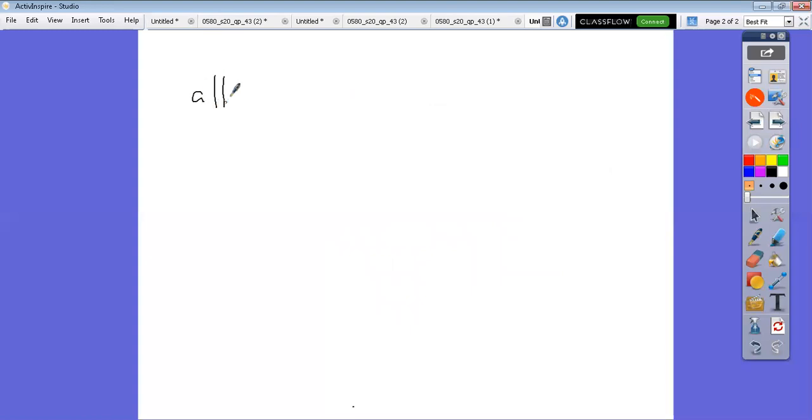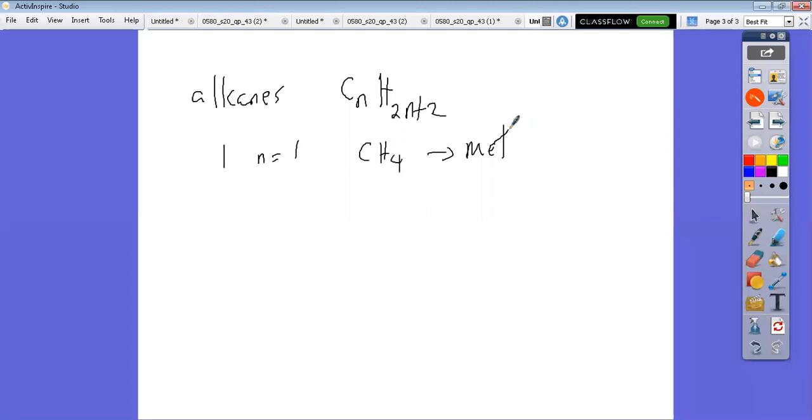Now let's start with the alkanes that we're talking about. I said they have a formula CnH2n+2. So the first alkane is when n is equal to 1. When n is equal to 1, I simply have C1, 2 plus 2, H4. And we call that methane, which is a natural gas at room temperature.